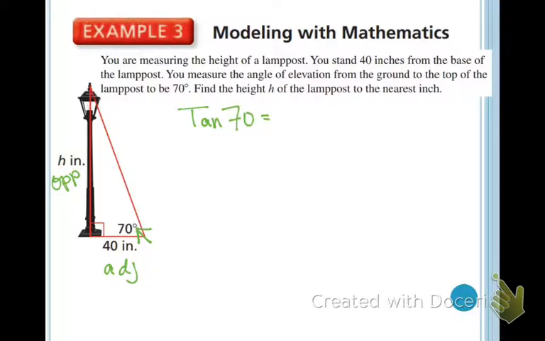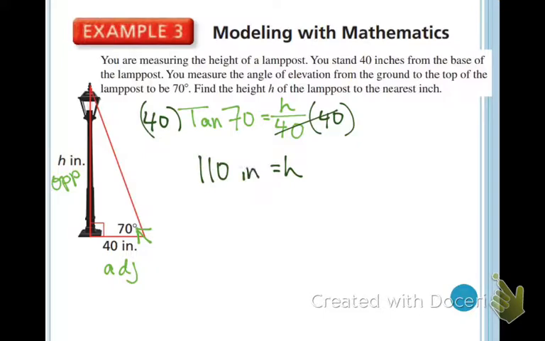Will equal the opposite, which is h, over the adjacent, which is 40. So is the number in the denominator? Yes. It is. So we don't have to flip it or anything. We're just going to multiply by 40. Round to the nearest inch. So the nearest whole number is 110 inches. It's a decently tall lamppost.